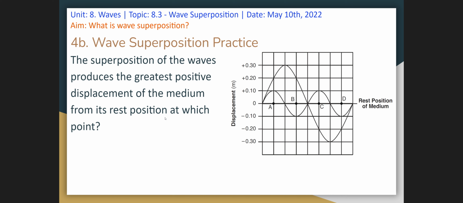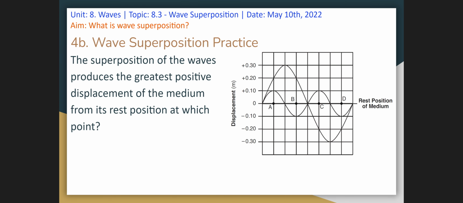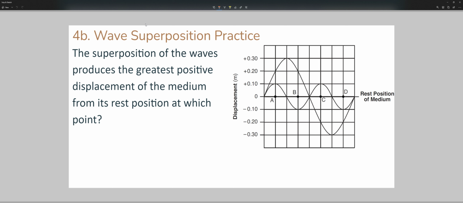So the superposition of waves produces the greatest positive displacement from its rest position at which point? Again, 0 is the rest position. If you add both of these waves, at point A this wave is at point 2, this wave is at point 1, and you get an amplitude of 0.3.